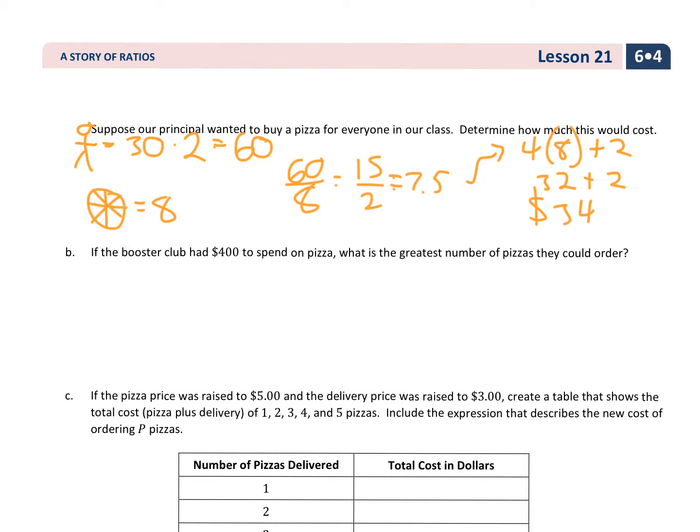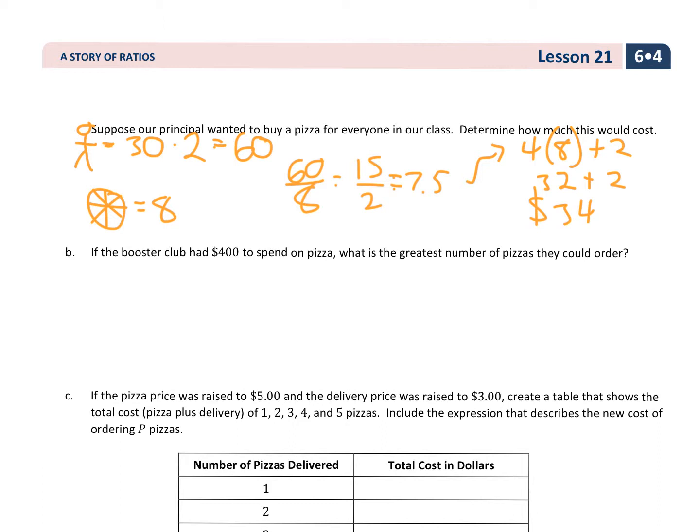So we have 60 slices divided by 8, right? Because we got to figure out how many pizzas actually we need total. So 60 divided by 8, that's the same as, like, doing mental math, 15 over 2, which is 7.5, and you can't actually buy 7.5 pizzas, so we're going to buy 8 pizzas. So then it's $4 times 8 pizzas plus the $2 of delivery. So 4 times 8, 32 plus 2, $34.